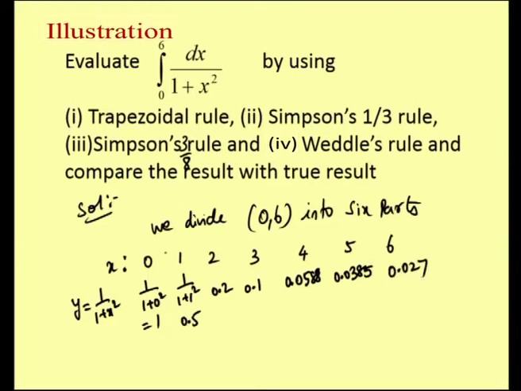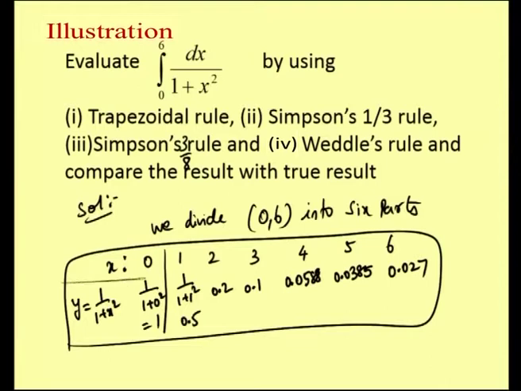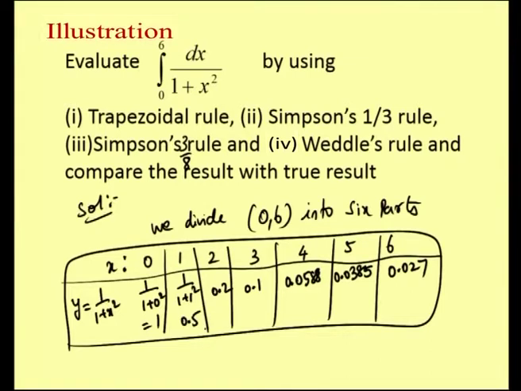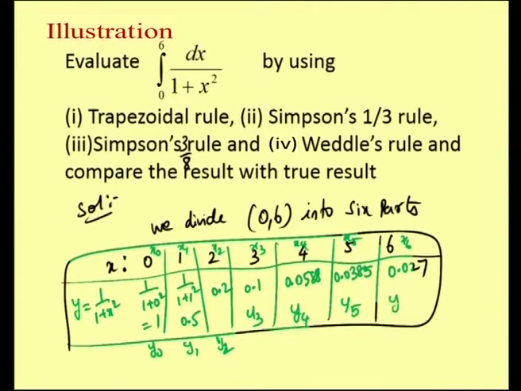So, we have formed the tabular column for calculation by the trapezoidal rule, Simpson's 1/3 rule, Simpson's 3/8 rule as well as Weddle's rule. These values stand for x0, x1, x2, x3, x4, x5 and x6, and similarly, these values are y0, y1, y2, y3, y4, y5 and y6.